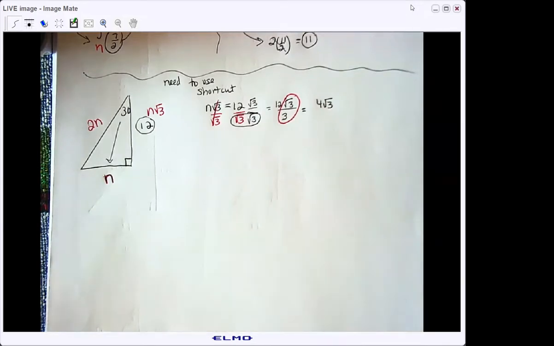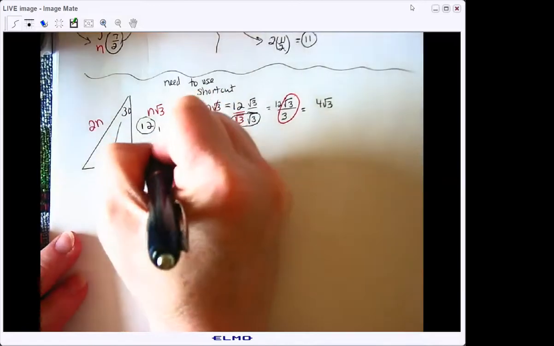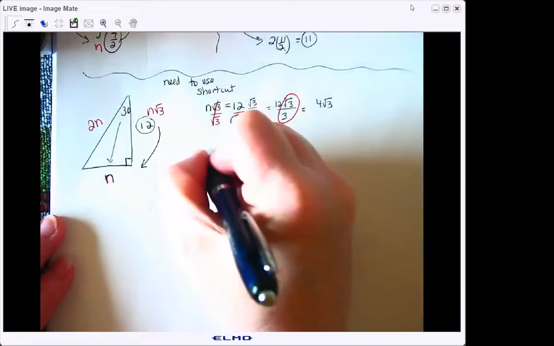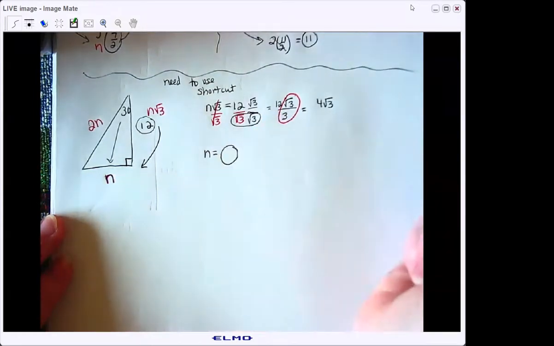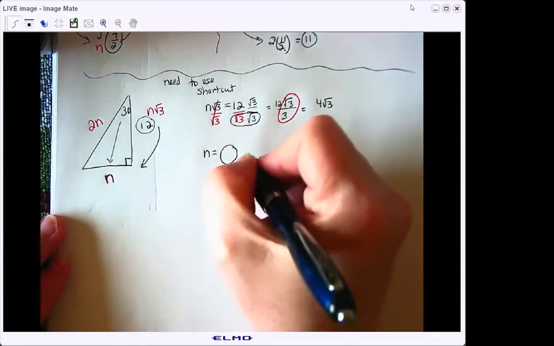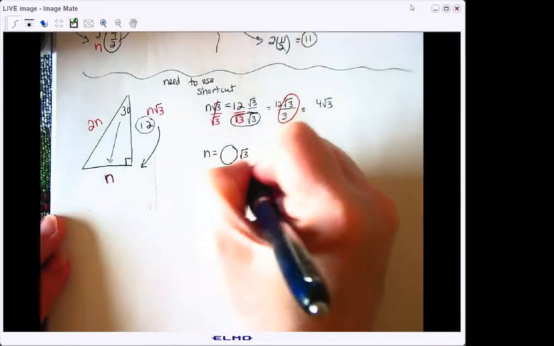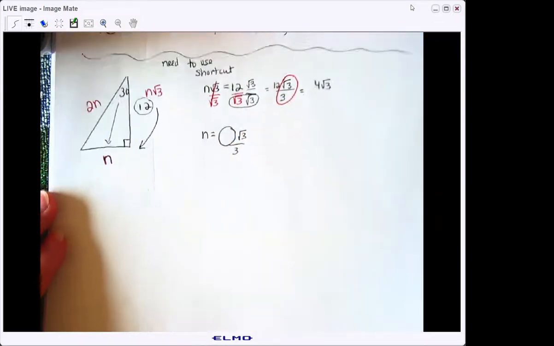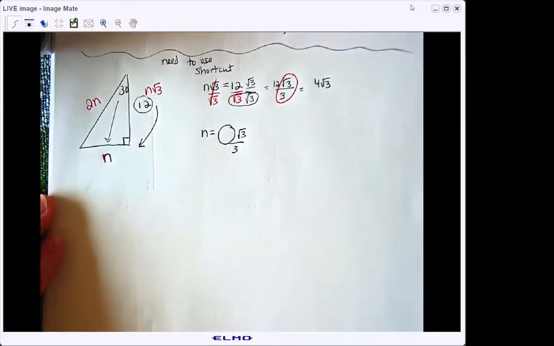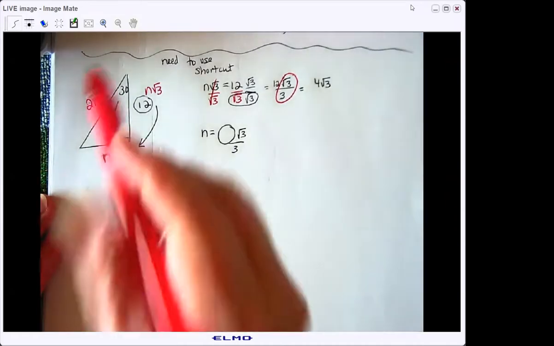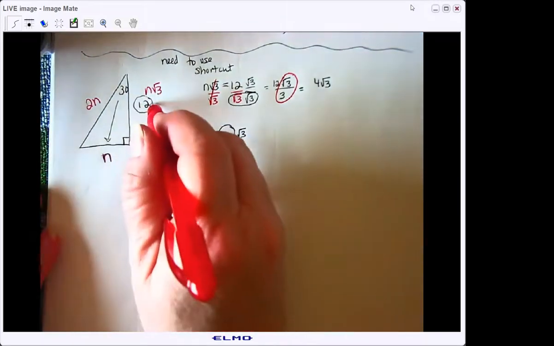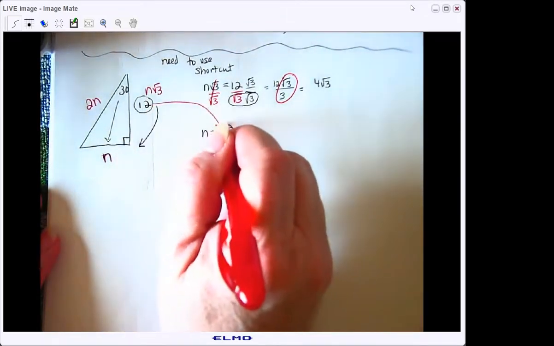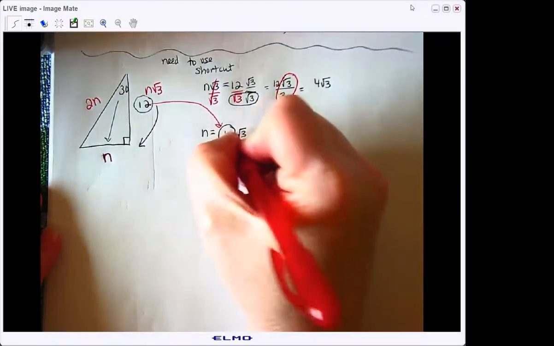So the shortcut stands to find n. N is equal to whatever number that is. I'm going to put it in the circle, and I'm going to put a root 3 over 3 next to it. That's my shortcut. Because this is 12, it could have been a 12 root 2, doesn't matter, whatever goes in the circle.